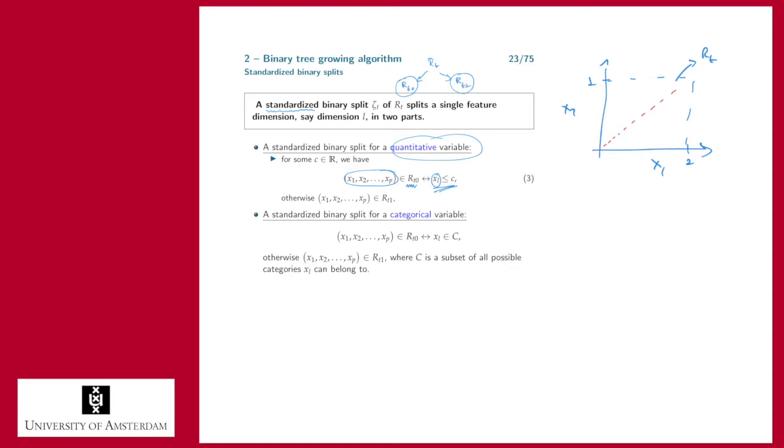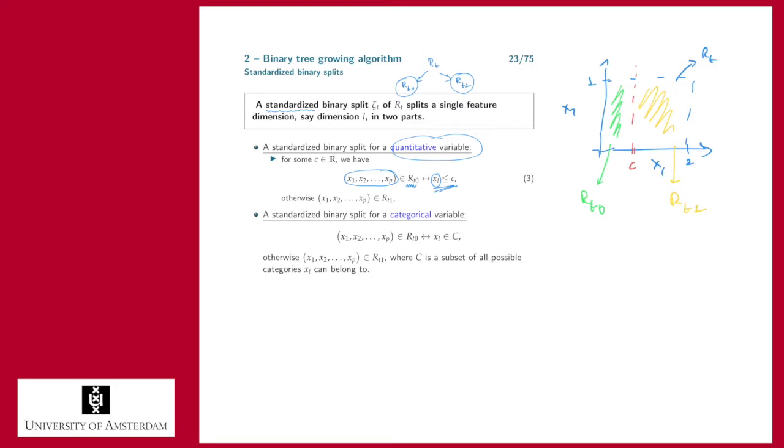Instead, we will say, well, you have to pick one dimension. For example, we split along the x1 dimension. It means that there is a C here, and everything that is on this side is RT0, the left child. Everything that is here, larger than C, is the right child, RT1.